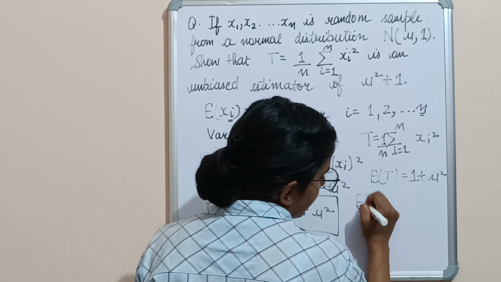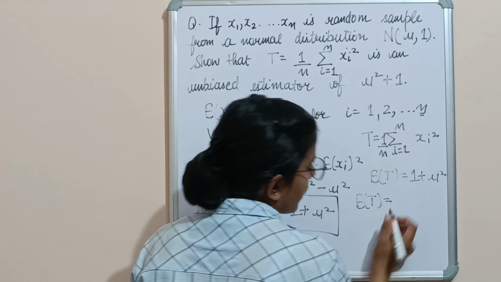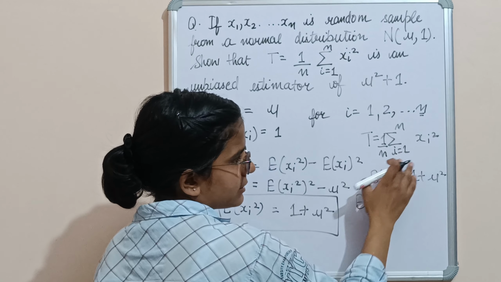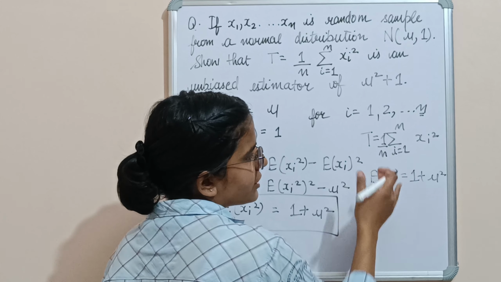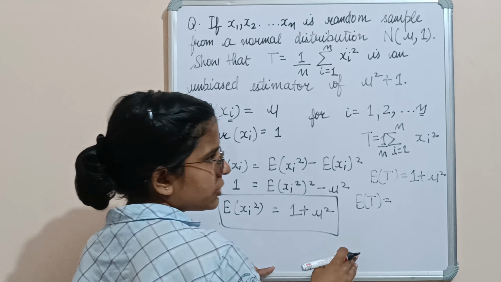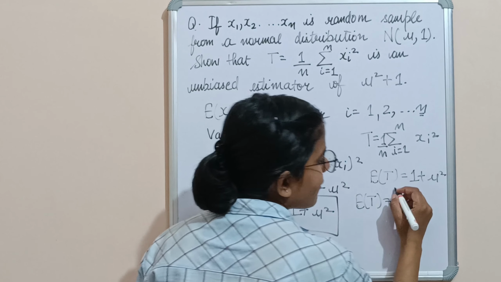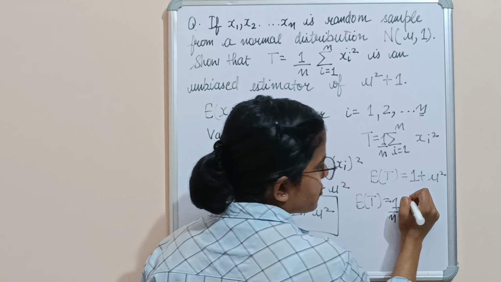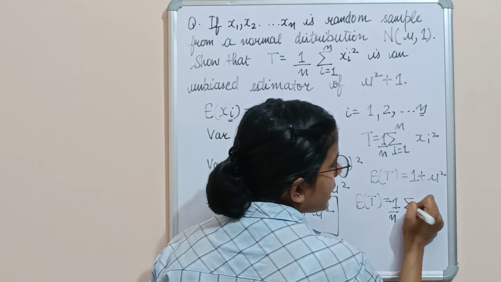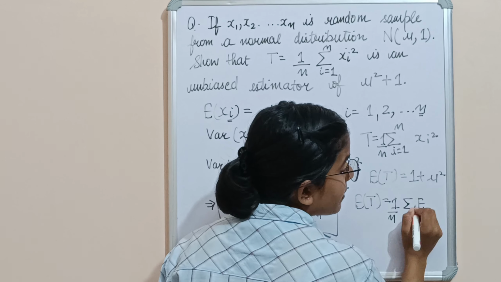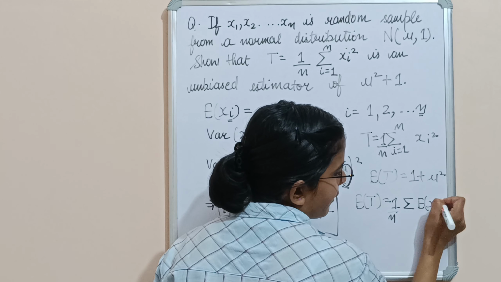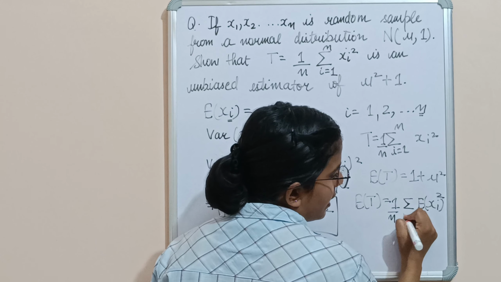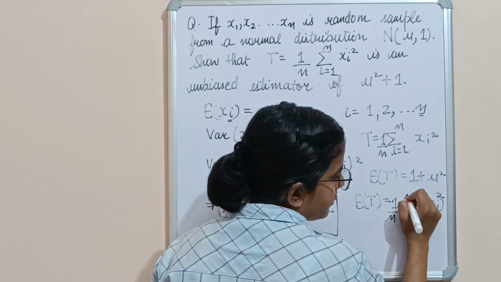Expectation of T will be equal to, first of all, we know that expectation of aX, where a is a constant, equals a times expectation of X. So 1 by n will come out of this expectation, summation of expectation of xi square where i is equal to 1 to n.